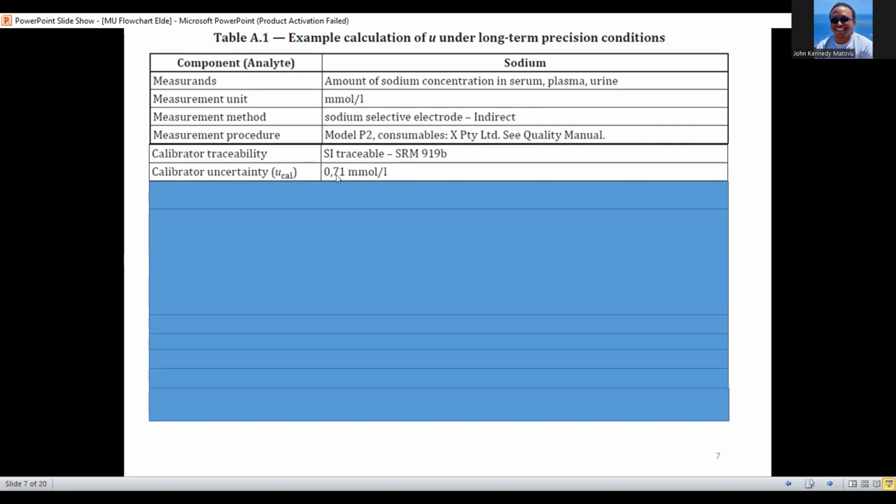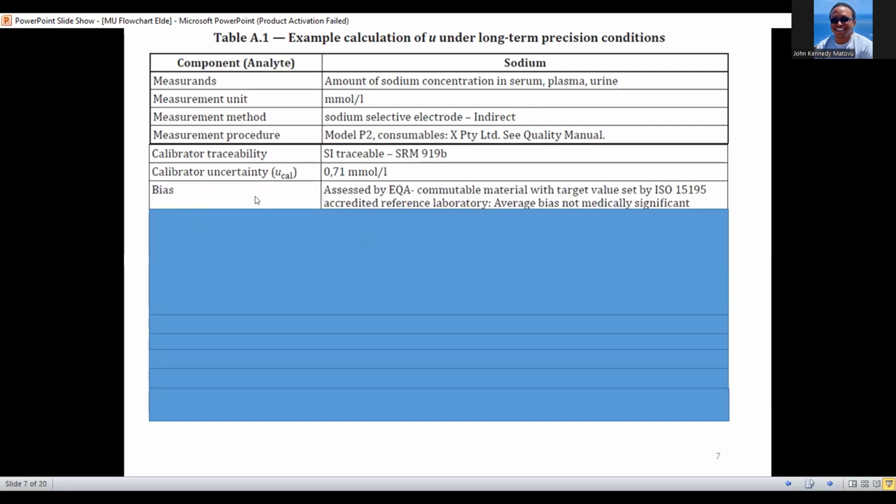Fortunately, it's given here, 0.71 millimoles per liter. Bias, in this scenario, is assessed by EQA using a commutable material with target value set by ISO 15195 accredited reference laboratory. The average bias is not medically significant. Okay, that's good. No bias.